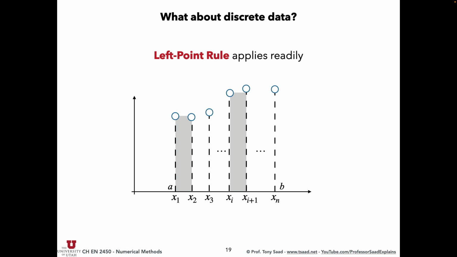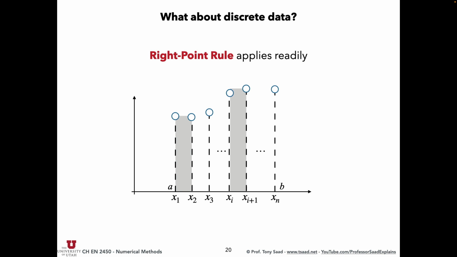The left point rule applies immediately. Because you choose the left point, you take the first interval, choose the left point value, calculate the area and move on, right? So for each interval, for each segment, you take the left value, you draw that rectangle, compute the area, add it to the previous one, and so on. The right point rule also applies readily.